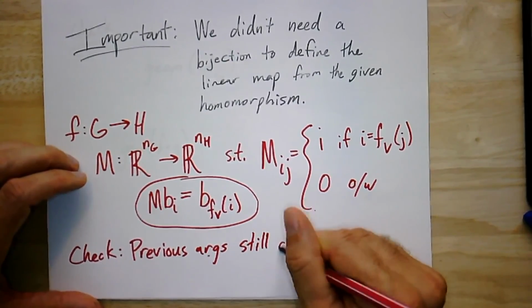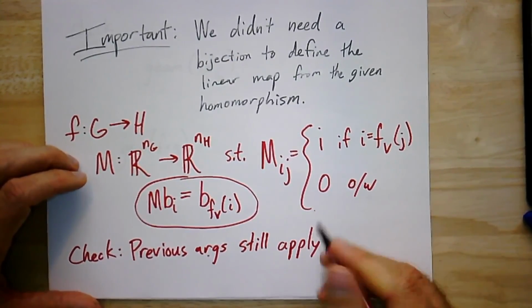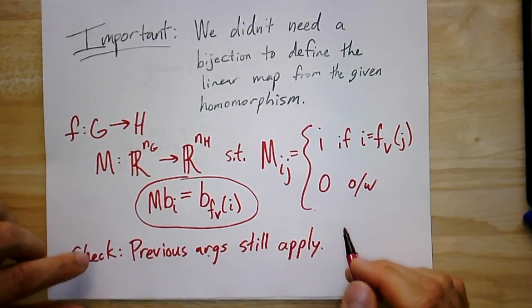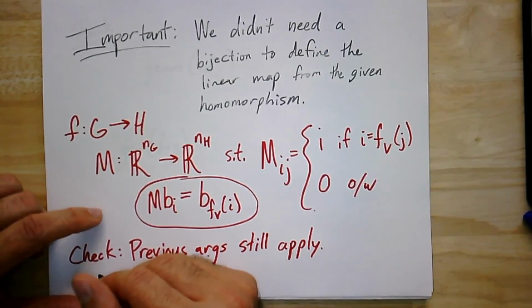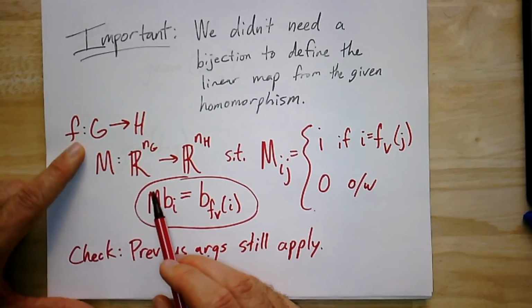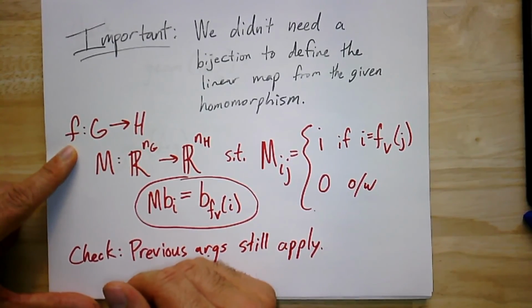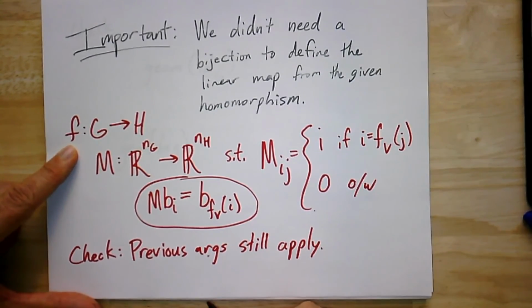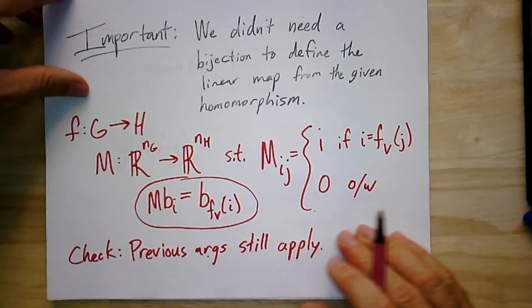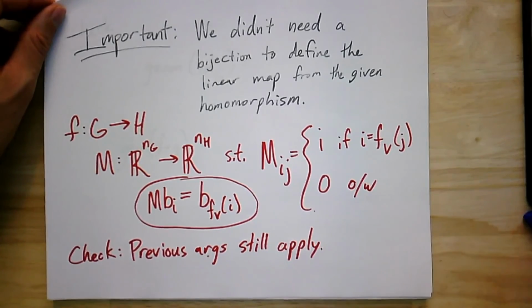So that means it's still a continuous function. So really any graph homomorphism has a geometric realization as a continuous map, right? Which is really a powerful idea.